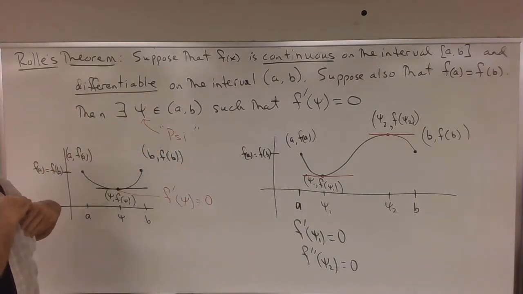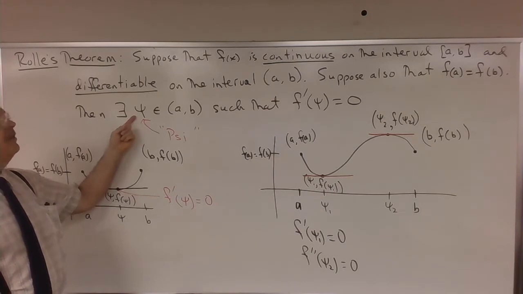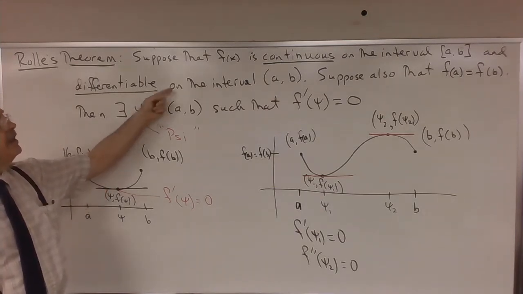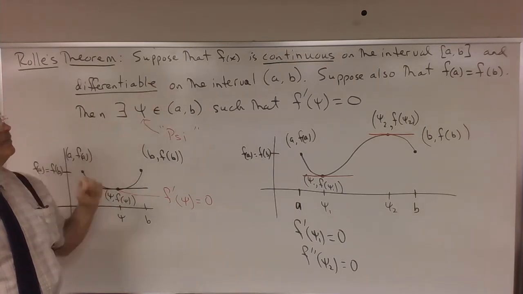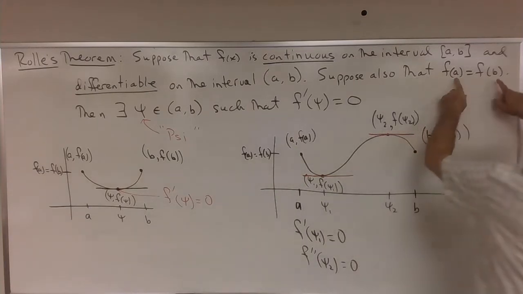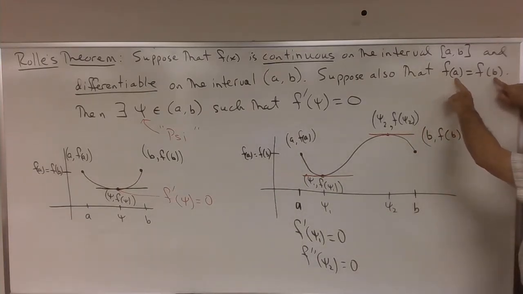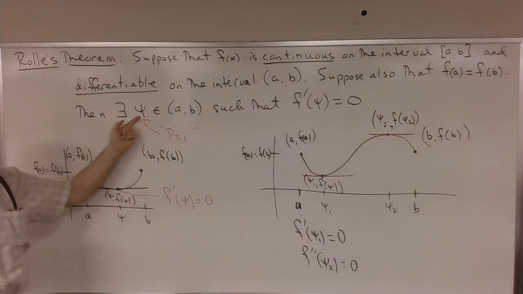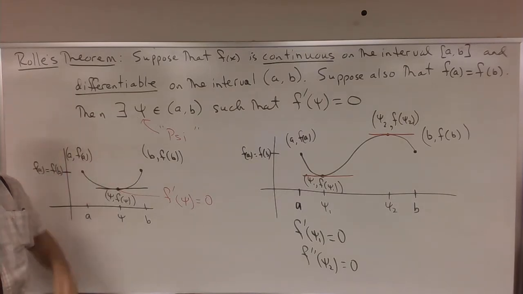And that's permissible. The only thing that Rolle's theorem says is that under these conditions, continuous and differentiable, and with the endpoints A and B having a common value of f of x, there's at least one value of x in that interval where the derivative is 0. There could be more. There don't have to be more, but there could be more.